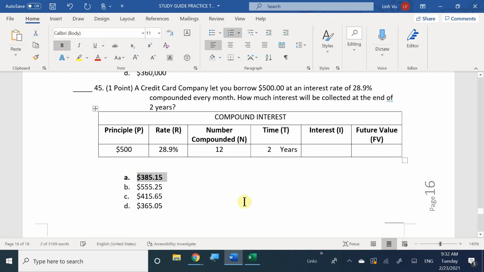Okay. Now, for this test, I will not test you on compounded interest. You're only going to see simple interest, okay? Just because I have to assume that not everybody has Excel, nor do you have access to a graphing calculator, okay? So with that being said, I'm not going to be testing you on compound interest.